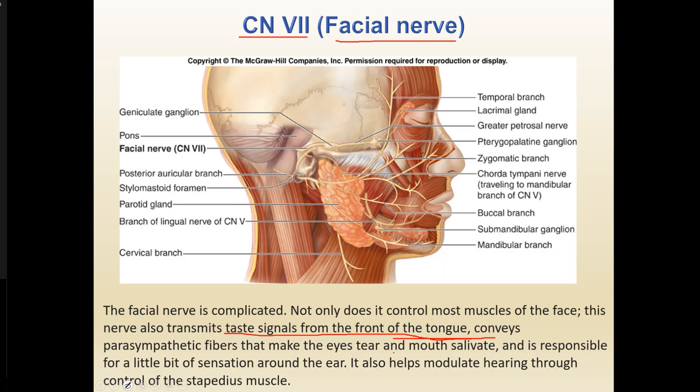So it's very complicated. See, this is a mixed nerve because it controls muscle movement of the face, and it also transmits a lot of sensory information, thanks to the parasympathetic fibers. It's a very important nerve again, and it branches out and innervates pretty much the whole face over here.